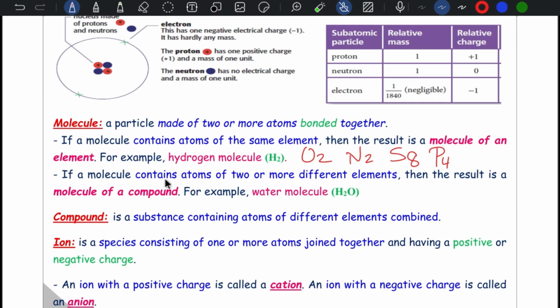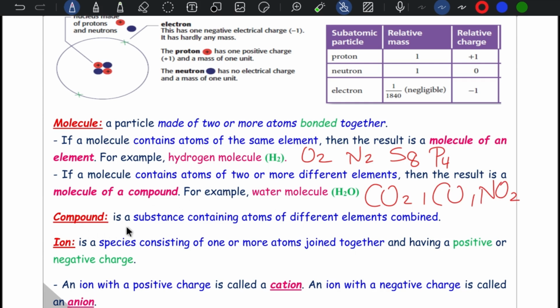But if a molecule contains atoms of 2 or more different elements, it results in a molecule of a compound. It's like water molecule H2O, carbon dioxide CO2, carbon monoxide CO, nitrogen dioxide NO2, which are considered molecules of a compound.